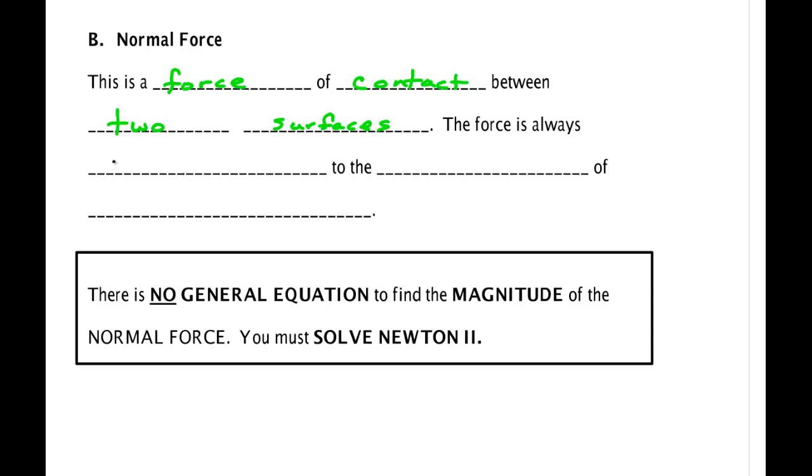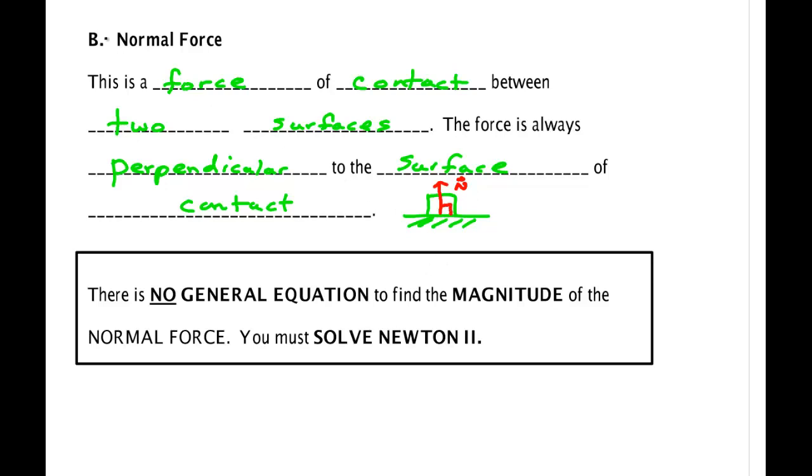The force is always perpendicular to the surface of contact. So let's say you had some object and you had like this, and I'm not drawing a free body diagram, I'm just showing you that there will be a normal force on that block, and it'll be at a right angle.